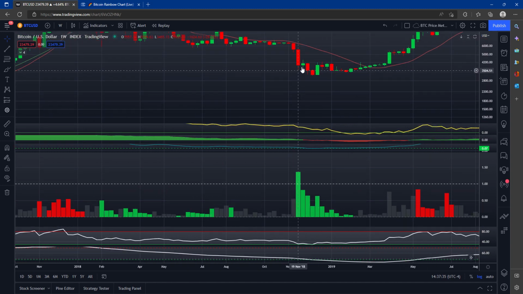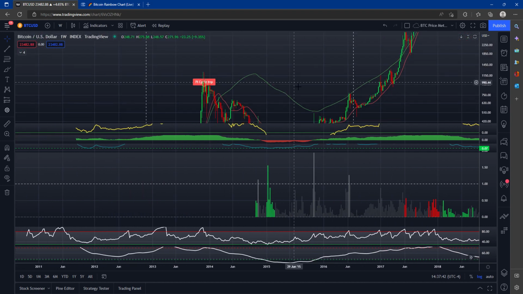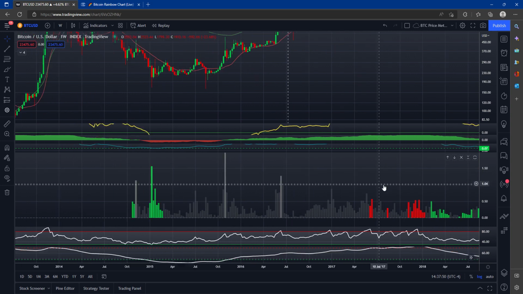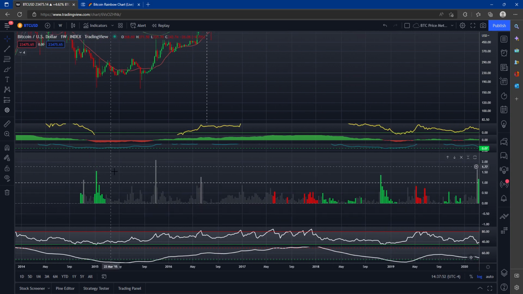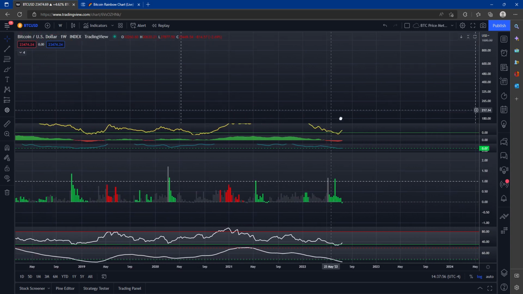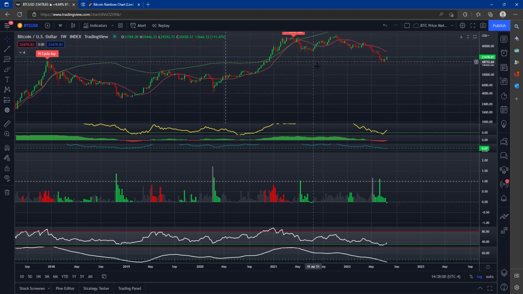Green bar with a value above 1. Had a few more weeks to go, but still pretty good. And then there's one more right here. Green bar with a value above 1. Every single time there's been a green bar with a value above 1, it's been a decent time to buy. So 1, 2, 3, 4, 5. So all cycle bottoms plus the summer low.